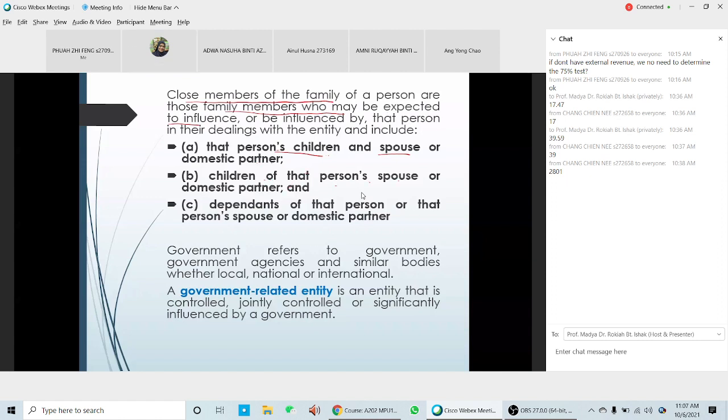Let's say his wife was already married before this and has children, so that child is considered a child of that person's spouse. Dependents of that person or that person's spouse.